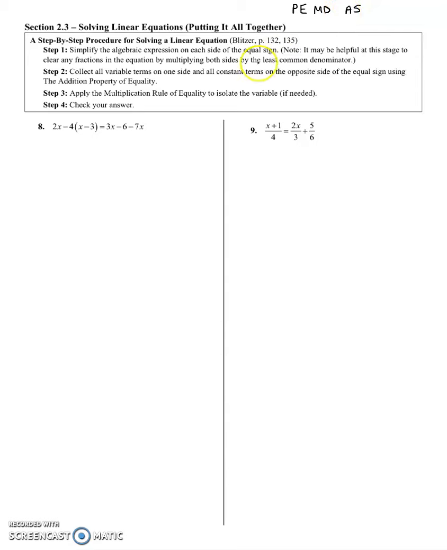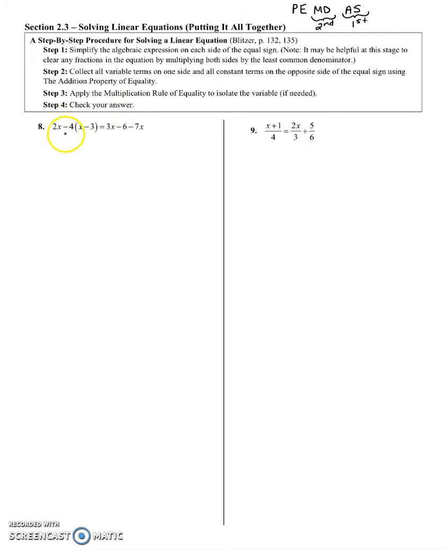But you'll notice when we're solving, as soon as we get everything simplified on both sides of the equation, we do the addition and subtraction first. And then we apply the multiplication property of equality. So when we're solving, we do the order of operations in reverse order from the way we evaluate things using the order of operations.